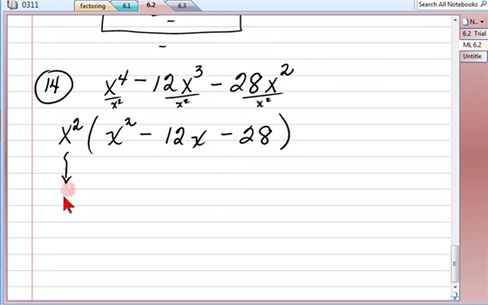So I will keep the x squared. Based on the last sign, what should the two signs in the factor be? One positive, one negative. When the last sign is negative, it's always one of each.